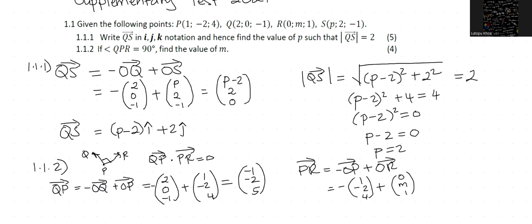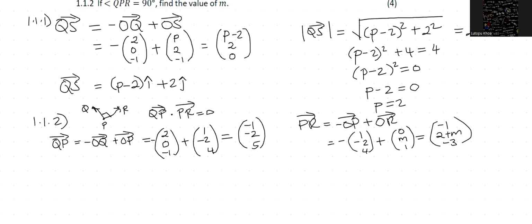Okay, so this is minus 1 plus 0 is minus 1, 2 plus M, and then minus 4 plus 1 is minus 3.